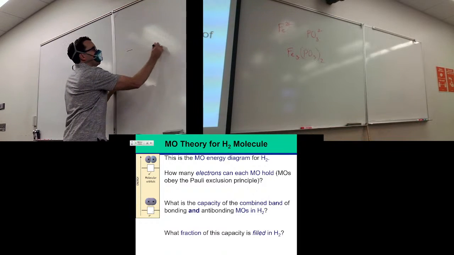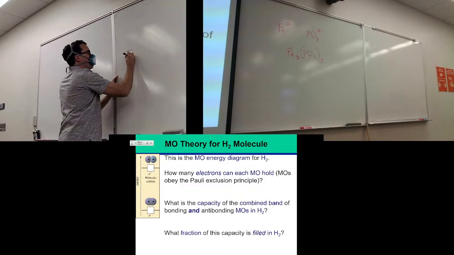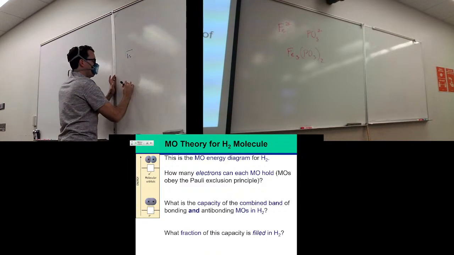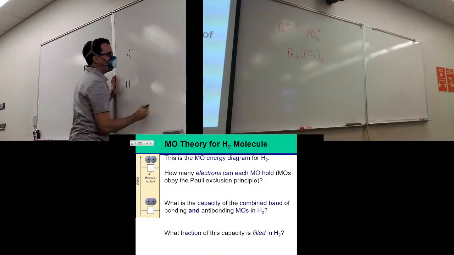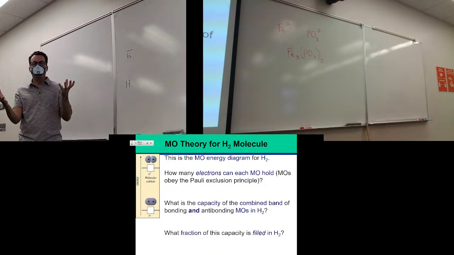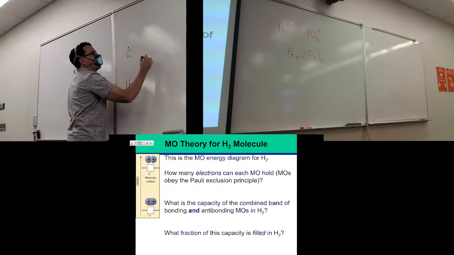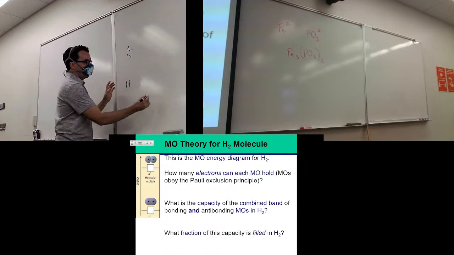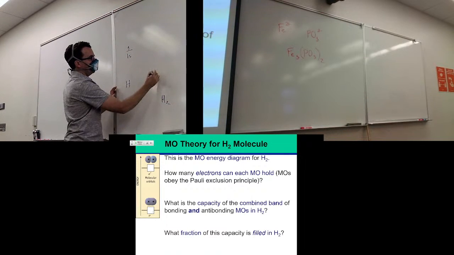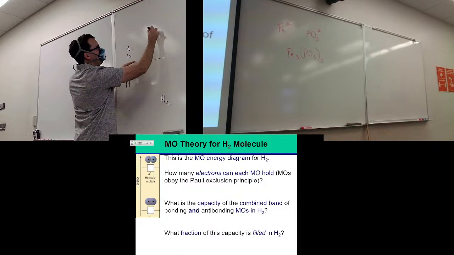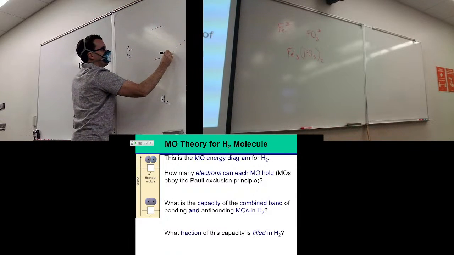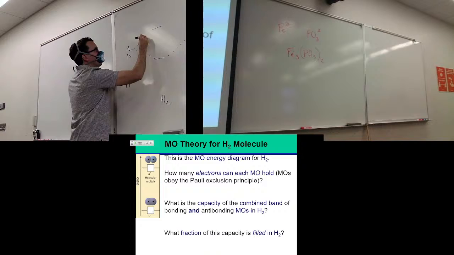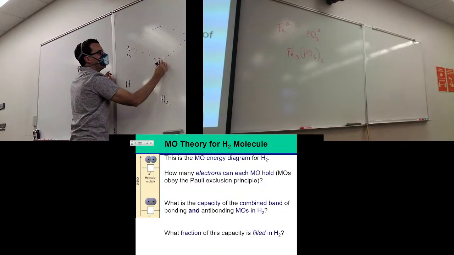Sometimes you'll see it drawn like this, where you have the original atomic orbitals. So these are the two hydrogens before they get merged to make a molecule. There's an electron in this one, there's an electron in this one. And then when I make H2, I show the atomic orbitals merge together to make these new molecular orbitals.